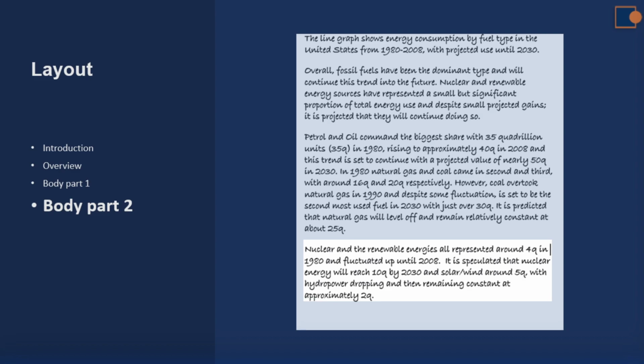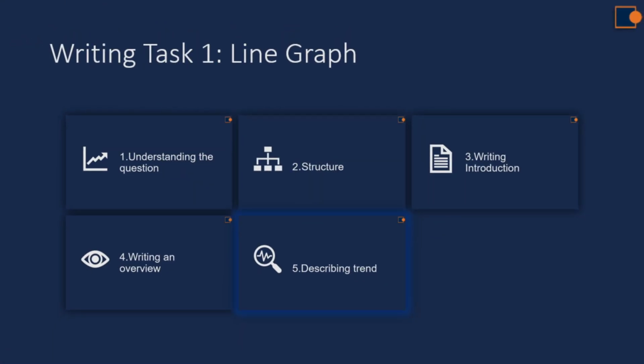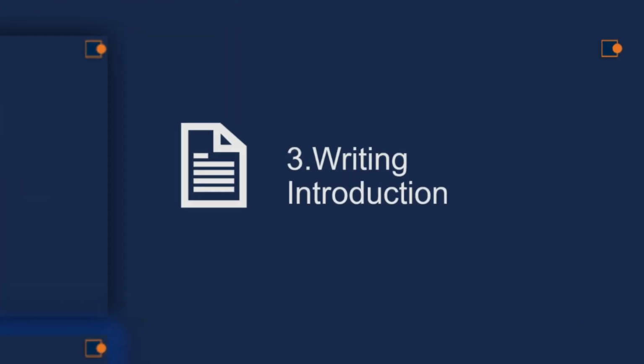This is how you should organize your entire Task 1 essay. Not only line graphs, it could be applicable to any other graphs as well, depending on the type of question.